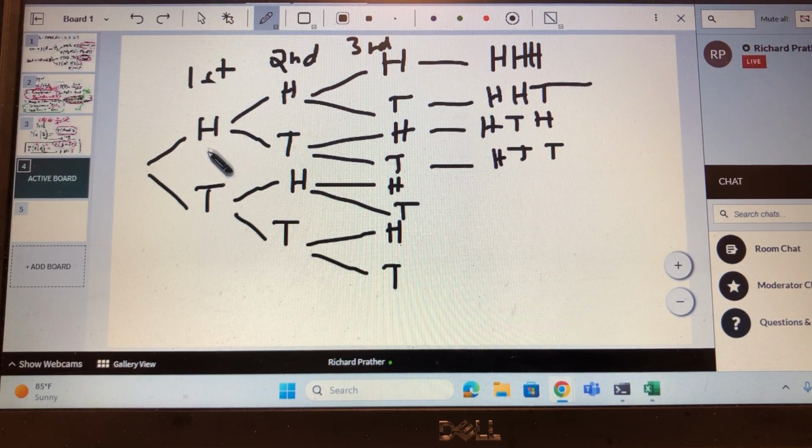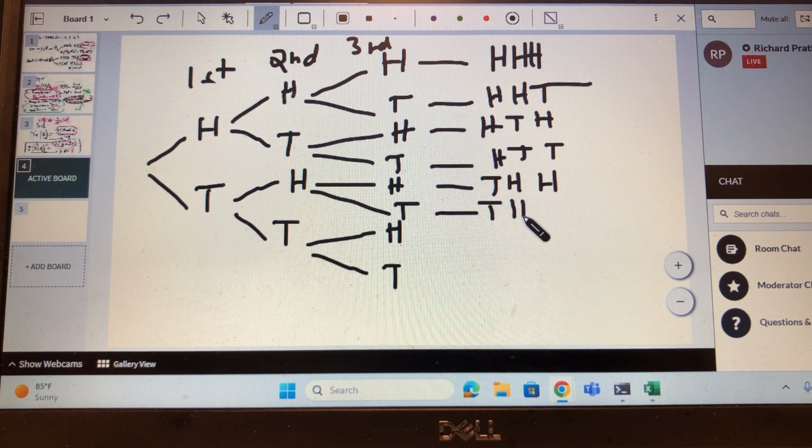There's 4 that start with a head right here, and then it turns out there's 4 that start with a tail. Tail, head, head. Tail, head, tail. Tail, tail, head. Tail, tail, tail.